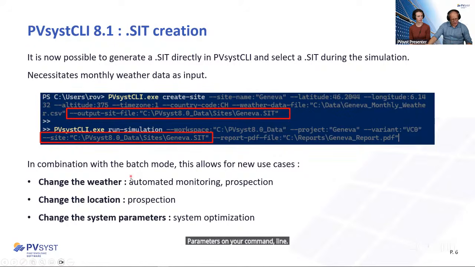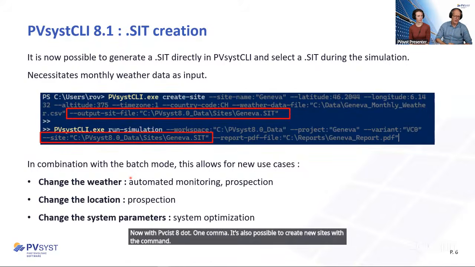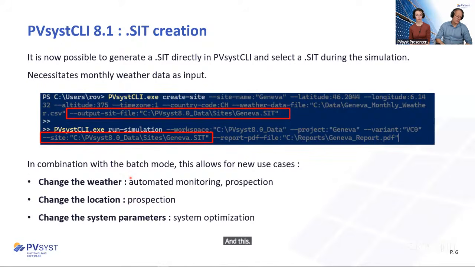You can change the weather data file, so you can run the same simulation with different weather input. Now with PVsyst 8.1, it's also possible to create new sites with the command line interface. And this opens the way to do automatic prospection with PVsyst.